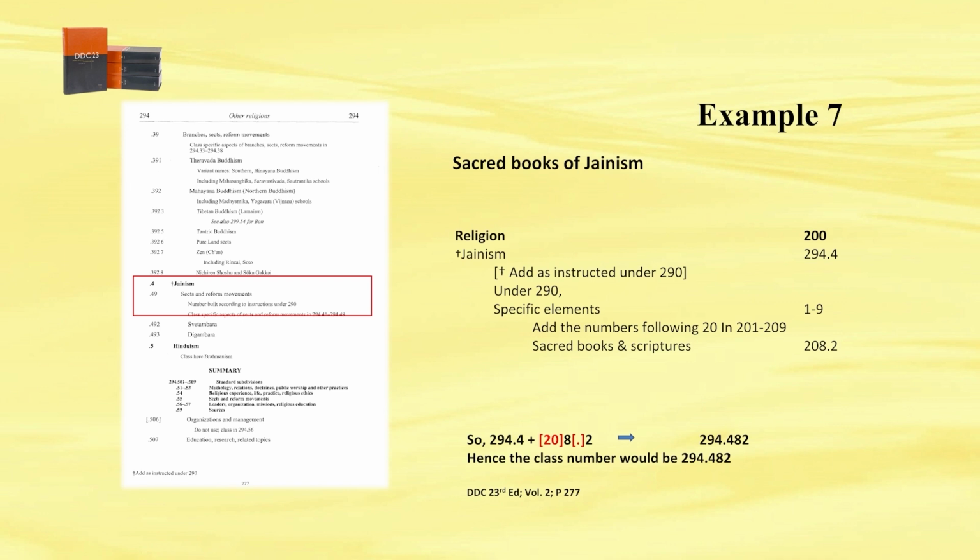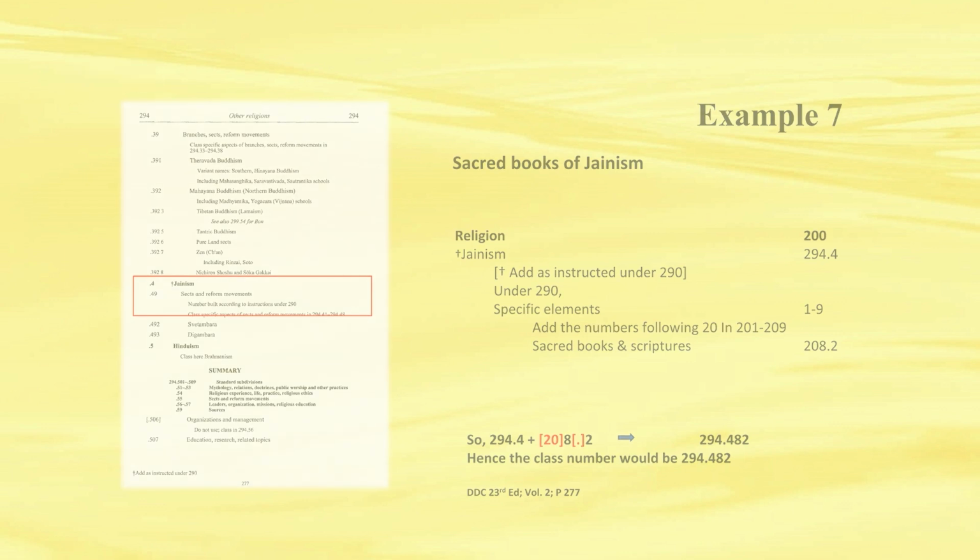So the number will be 294.4 for Jainism, and for sacred scripture we have used 208.2, from where we have taken only 82. So the number will be 294.482. So this is the number for sacred scriptures of Jainism.